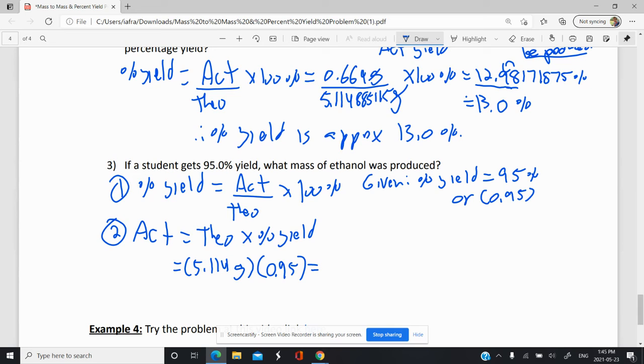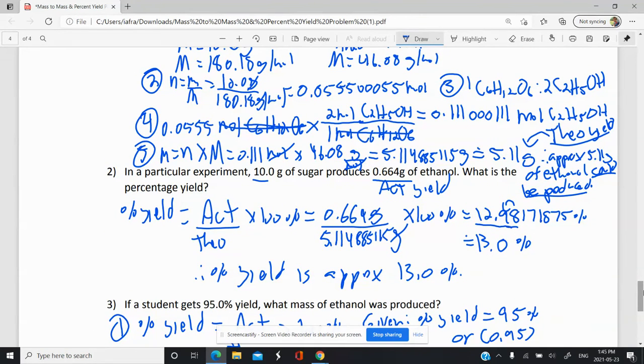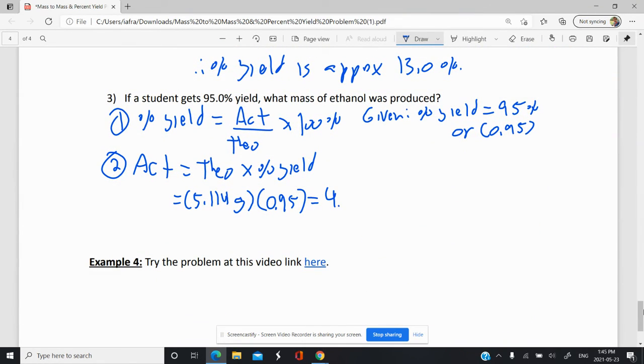And so that's going to give me, my full decimal places were 5.114885115 times 0.95, and it would be about 4.859140859 grams would be my actual yield, what I actually obtained. But we're going to do it to 3 sig figs, so approximately 4.86 grams.